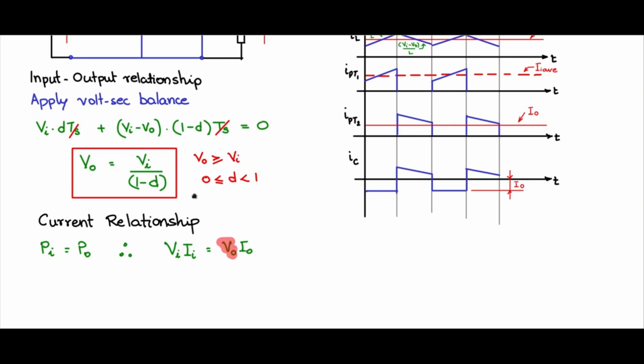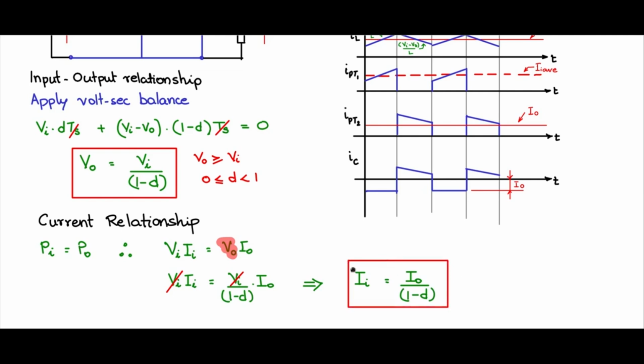Now this V naught, I know from the volt-second balance relationship is this much. Let me substitute that. Vi Ii is equal to Vi by (1 minus D) into I naught. I'll remove these two variables, and therefore you have Ii equal to I naught by (1 minus D), and this is the input-output current relationship.